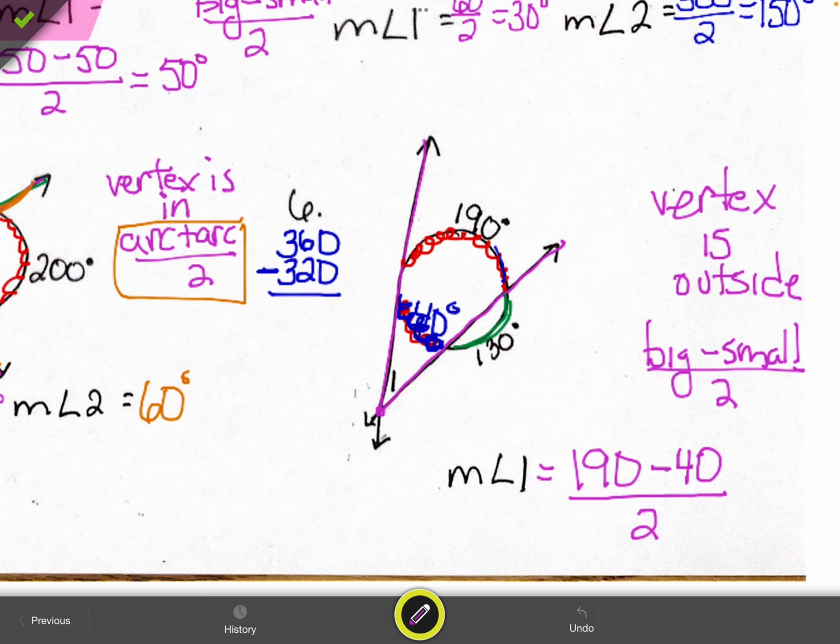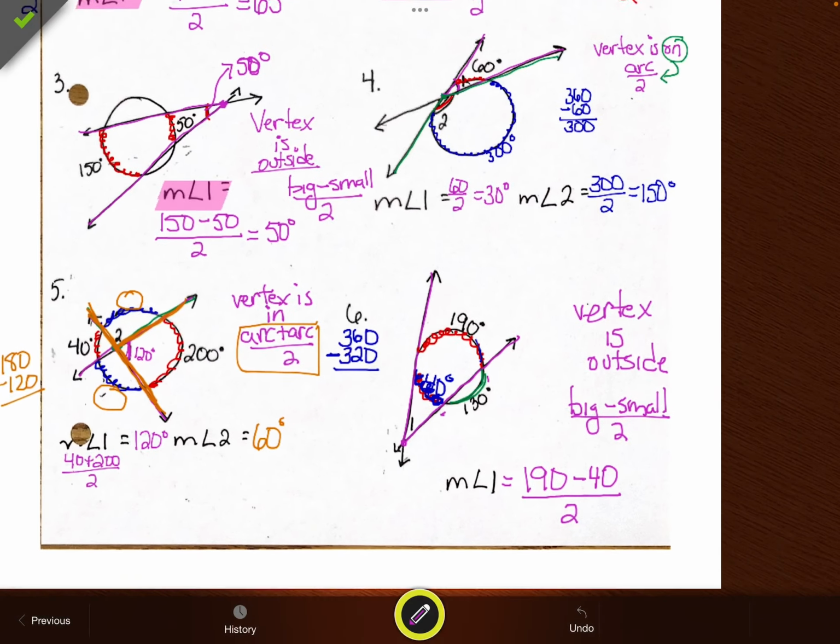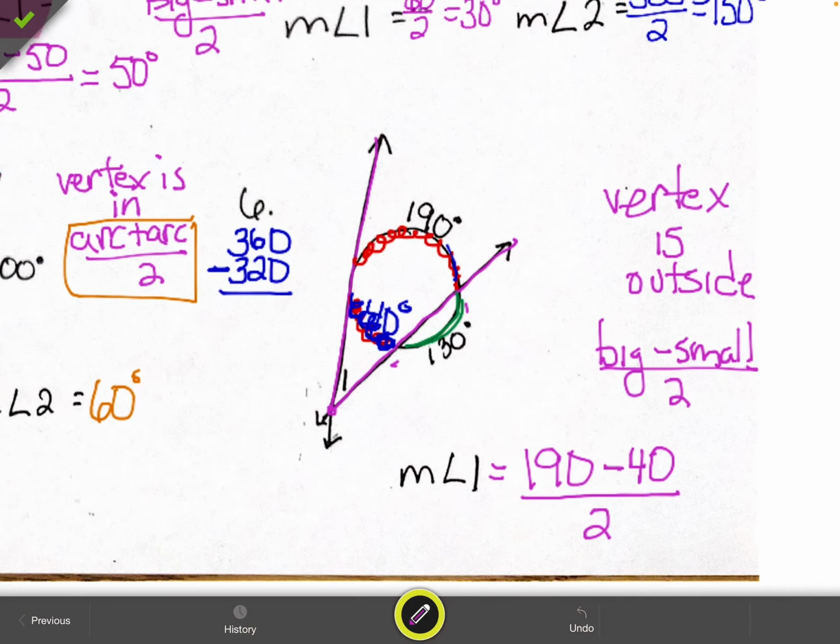You just have to be careful because we see a lot of people that want to do 190 minus 130 divided by 2, and that actually is incorrect because 130 is not the intercepted arc. Okay, it's just outside the angle. It's a part of your circle. So we do that, 190 minus 40 divided by 2. We find out that angle 1 is 75 degrees. So this angle right here measures 75 degrees.